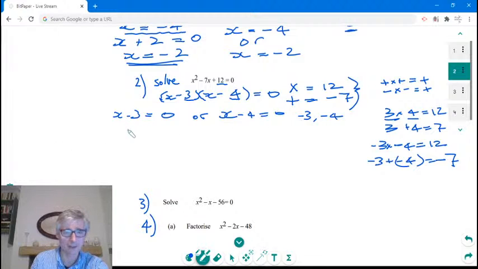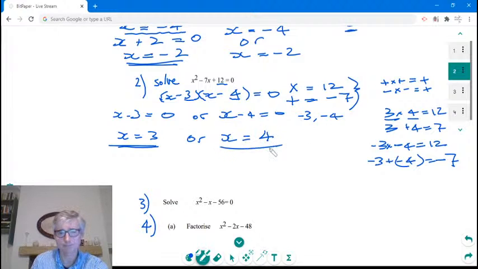So the only way that could be true would be if x was equal to, this time, positive 3, or the other solution is that x is equal to positive 4. So that's our second one solved there.